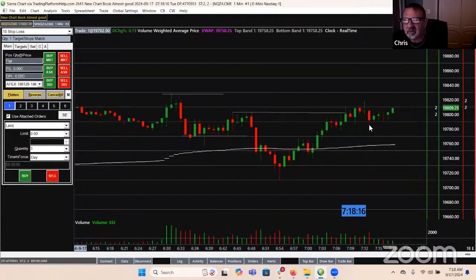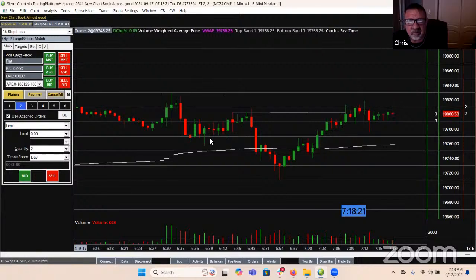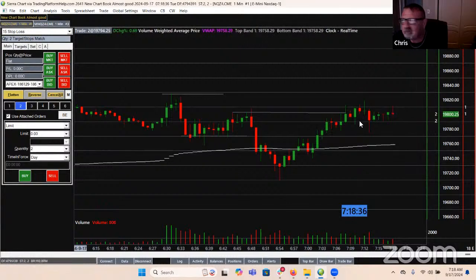This looks like a move to the upside here. It's slow, and I don't like that it's so slow. Usually, if we're going to go higher, this candle would hit at least the top of the range, and then the next one would go up. But we rejected it. So this makes you think it's a false breakout at the moment.